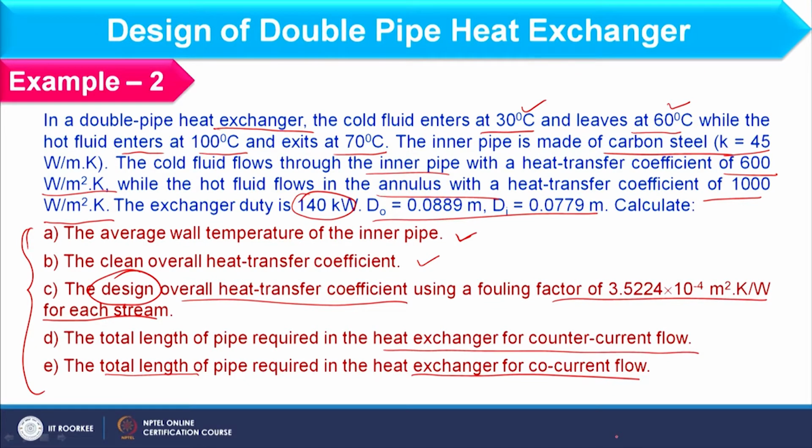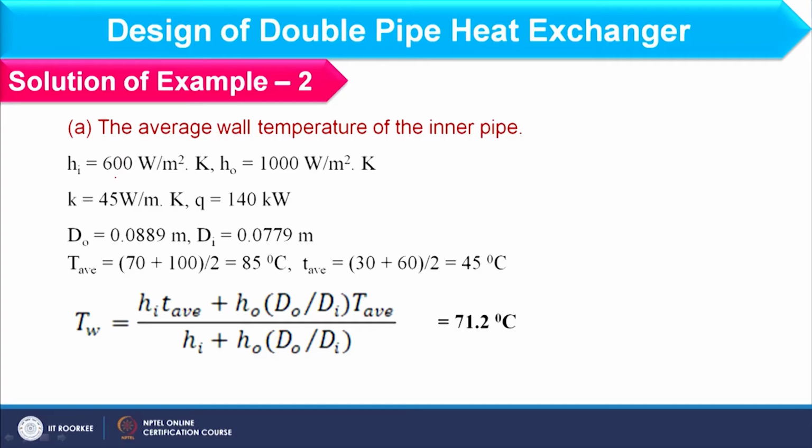So, let us start with part A of this example. Part A says that we have to find out the average wall temperature of the inner pipe. For that you have to find out the heat transfer coefficient at the inner side and the heat transfer coefficient at the annulus side.